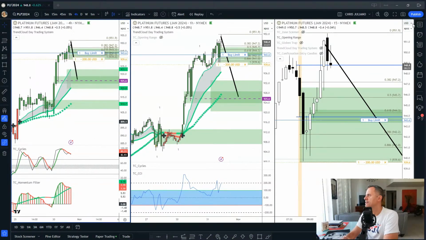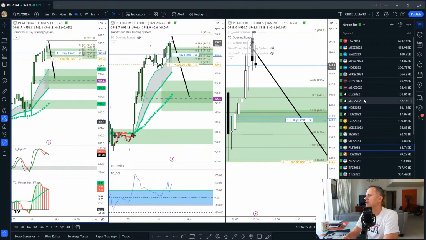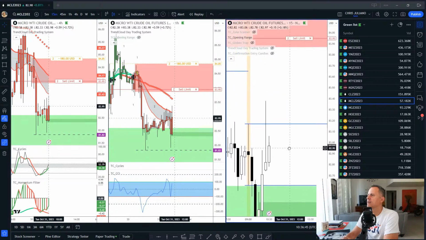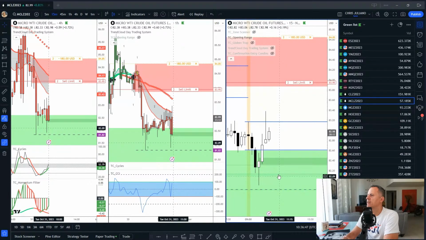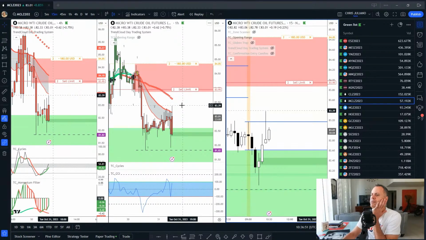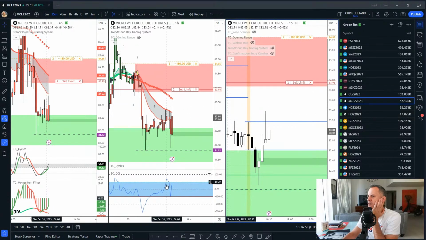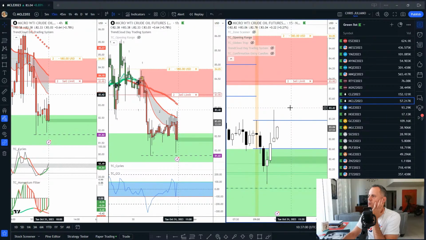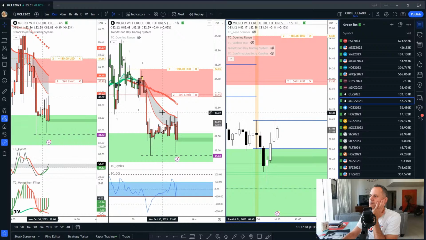1036. Wow. What happened? Oh my goodness. Look at that rejection candle. So here's a situation where it's kind of in the middle, right, guys? I think this is just a situation where it goes a little bit higher than usual, right?